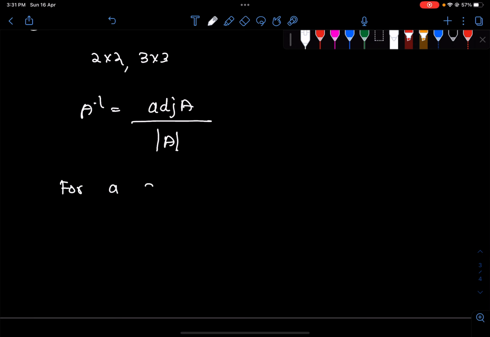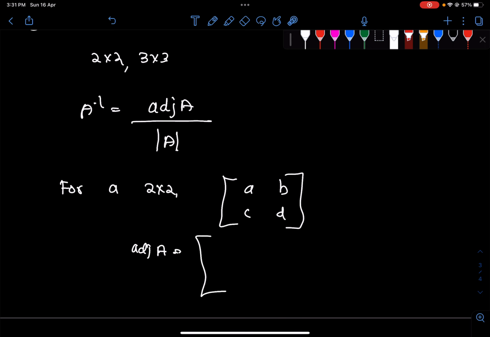For a 2 by 2 matrix represented by A, B, C, D, the adjoint of A is a very easy concept.